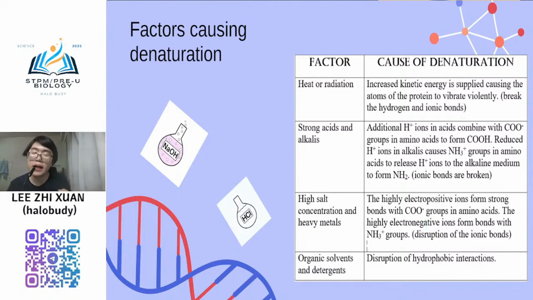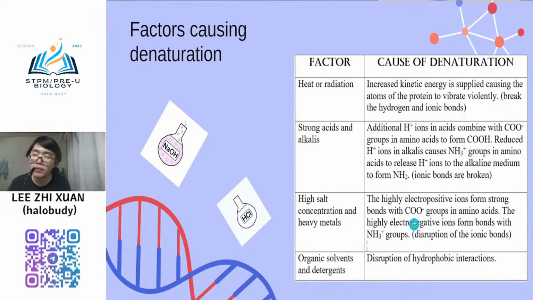If they are highly electropositive, so normally it is a metal ion, like sodium ion, potassium ion, magnesium ion, zinc ion, copper ion, all these are highly reactive compared to hydrogen ion, right? All that is highly electropositive, highly reactive compared to hydrogen ion, so that they will form bond instead with the amino group.